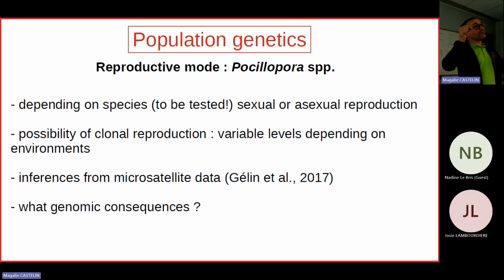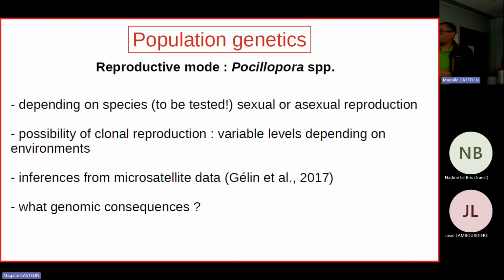That means that in some cases, if you have a colony of Pocillopora which is broken, the two parts can still live, grow, and as they come from the same colony, they come from the same zygote at the beginning, so they are almost genetically identical, so these are clones.